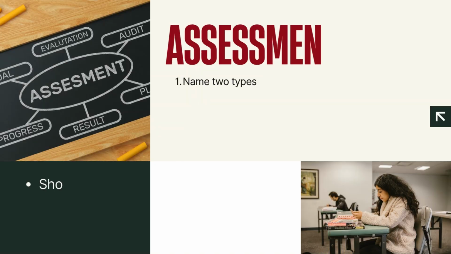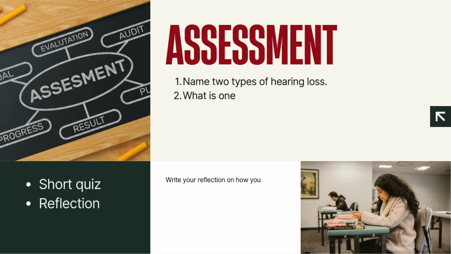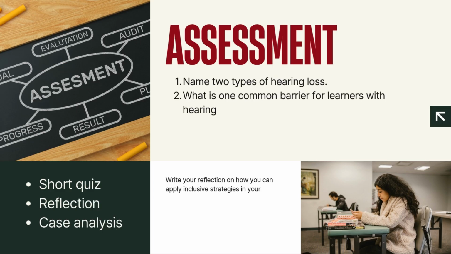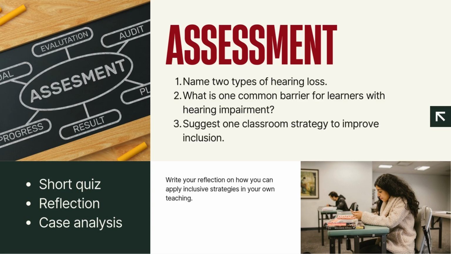To assess your learning, please answer the following. Number 1. Name 2 main types of hearing loss. Number 2. Identify one common challenge faced by learners with hearing impairment. Number 3. Suggest one classroom strategy that promotes inclusion.